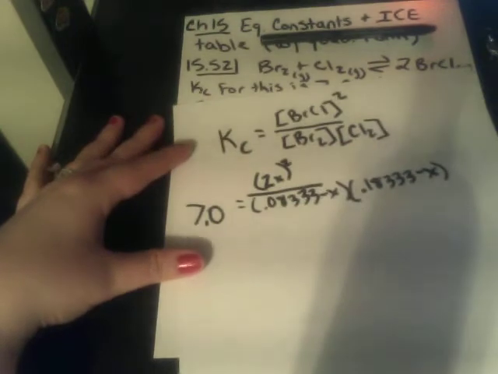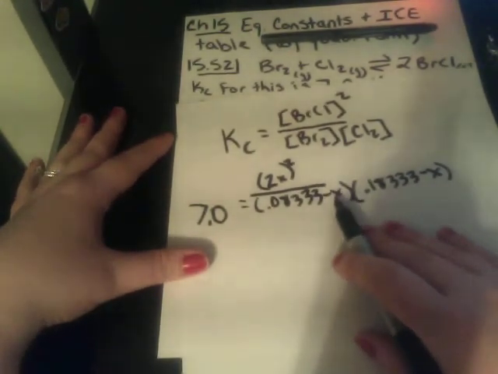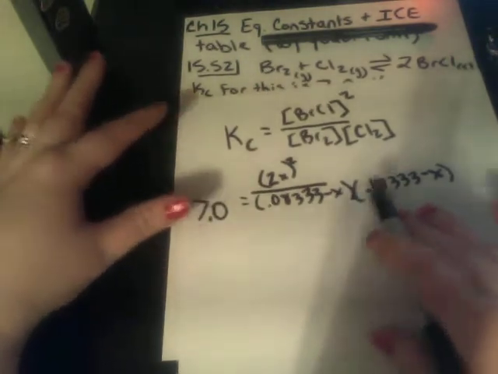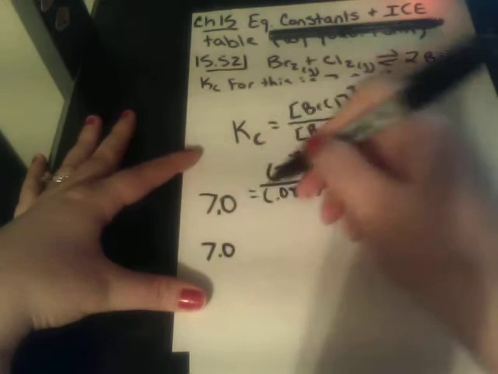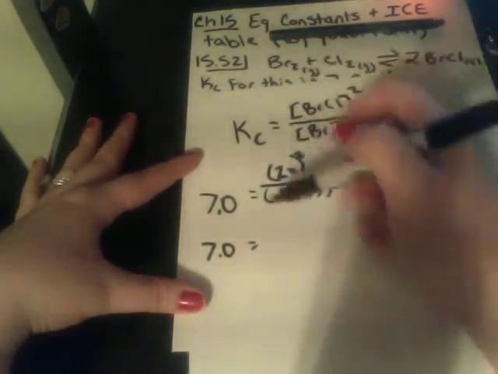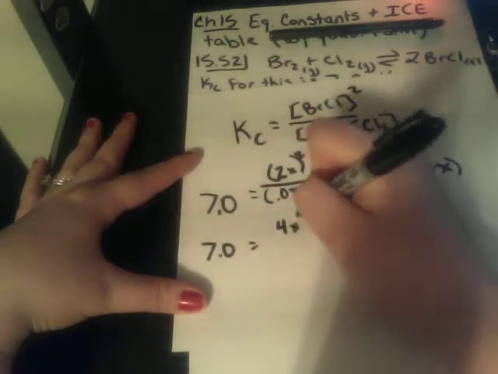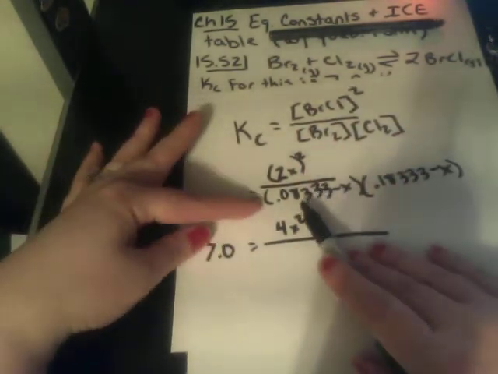Right? So we're going to get to work solving for x, because that's going to be our change. And if you guys are flashing back to algebra, totally normal, totally natural. So 2x squared is really 4x squared. Just taking things slowly.